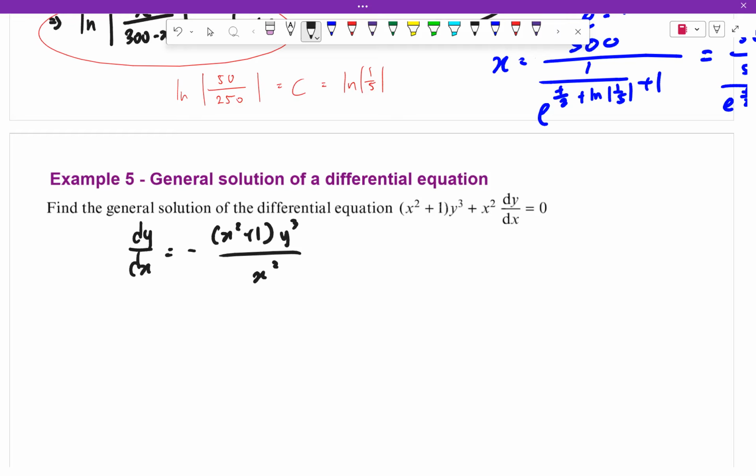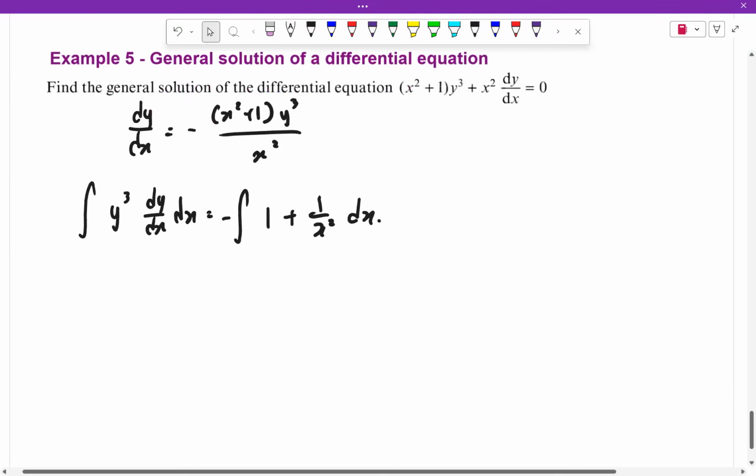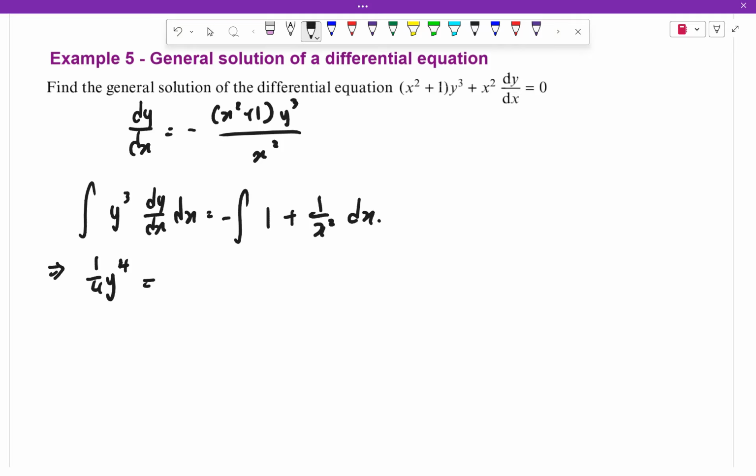Now we have something to separate: the integral of y cubed dy over dx equals the integral of 1 plus 1 over x squared dx.